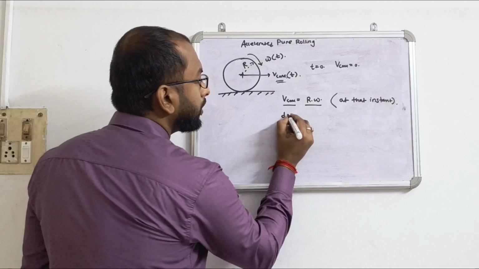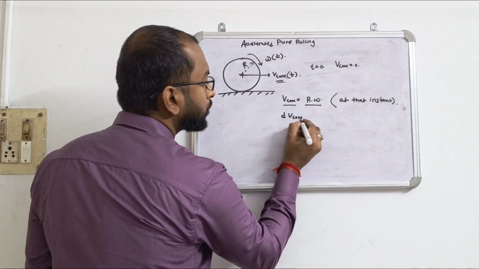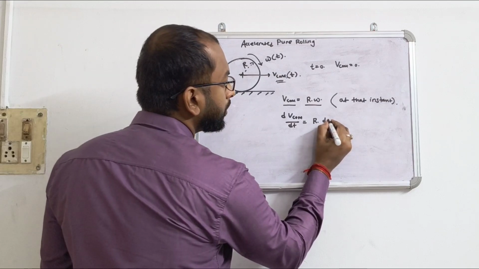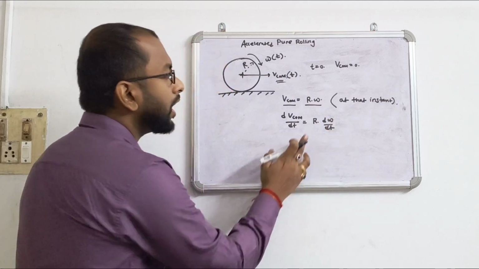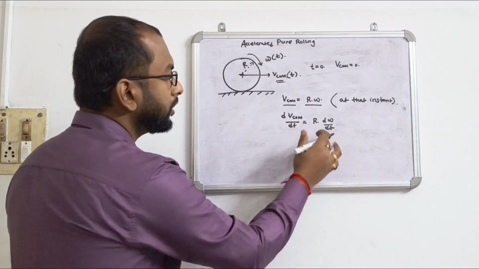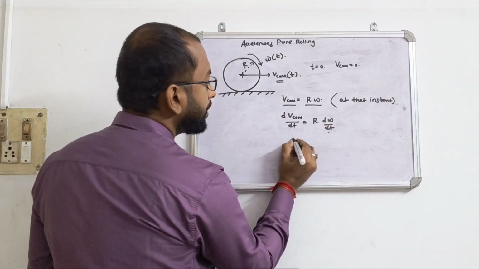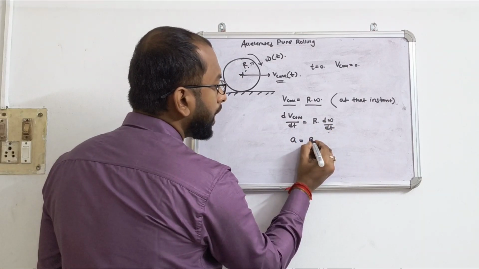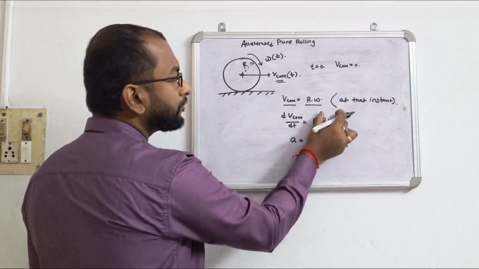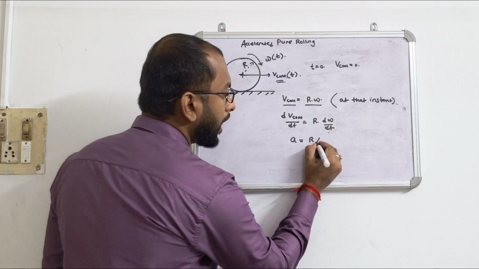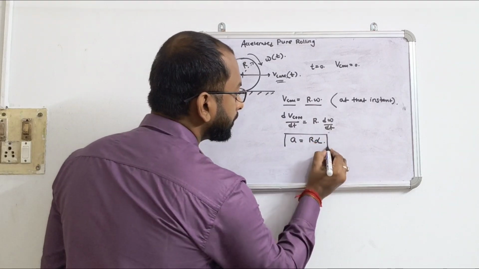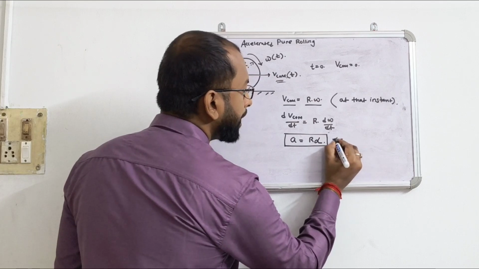So if I do the differentiation with respect to time, what will we get? See, r for a particular spherical object is constant, so it will come out of the differentiation. So dVCOM/dt is A, the acceleration in the forward direction, let's say, and d omega/dt is the rate of change of angular velocity, that is the angular acceleration, so A equals r into alpha. So this is the condition for accelerated pure rolling.